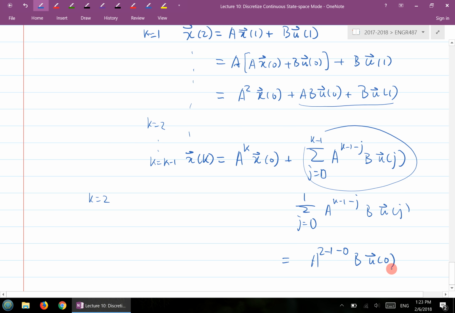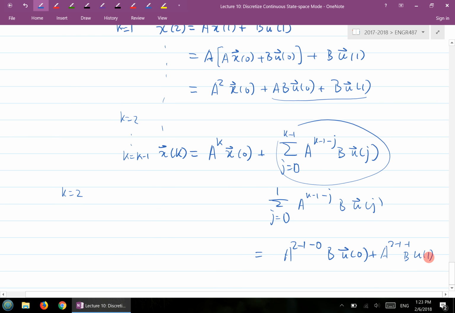And then plus A to the power of 2 minus 1 minus 1, B u of 1. So that's the same as these two terms here, isn't it?